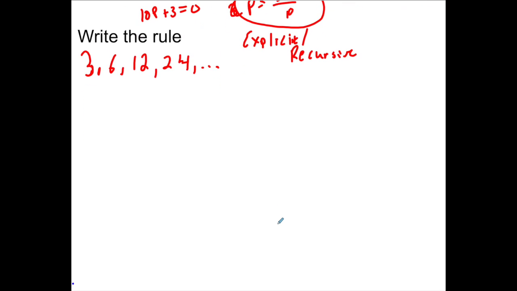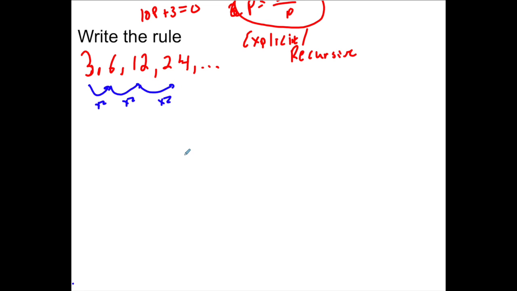And the last one, we have writing the rule. So this is what we call an explicit and recursive rule that we need to write, and this sequence is what we call a geometric sequence. The reason is that as we go from term to term, we're multiplying. Remember, arithmetic is when we're adding, geometric is when we are multiplying.